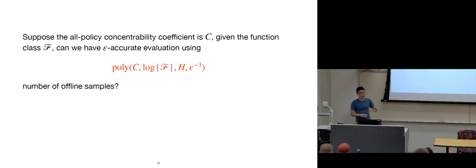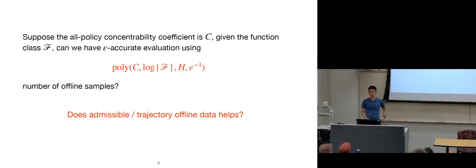This is how we define absolute accuracy. We also want to ask whether admissible or trajectory data can help the learners get algorithms with polynomial sample complexity. Yeah. So any questions so far?